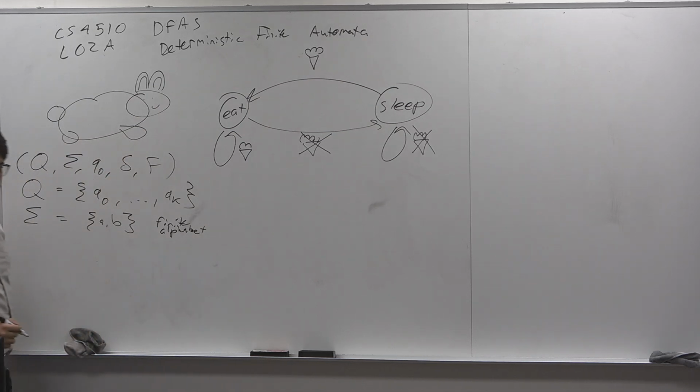I asked you, why is it okay if the alphabet is finite? Why is it okay if the number of states of mind is finite? For Q0 to Qk, consider this rabbit has two states, eat and sleep. This is a conceptual, open-ended question, not with a right answer right now.